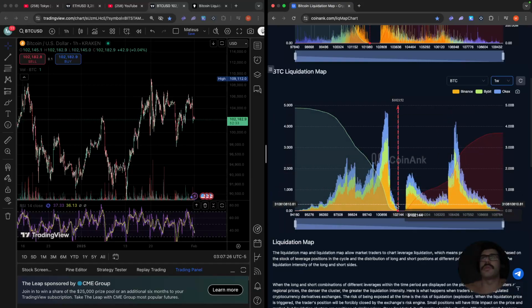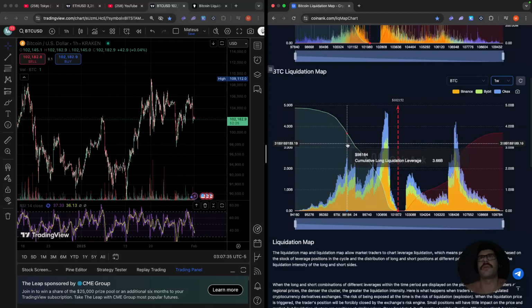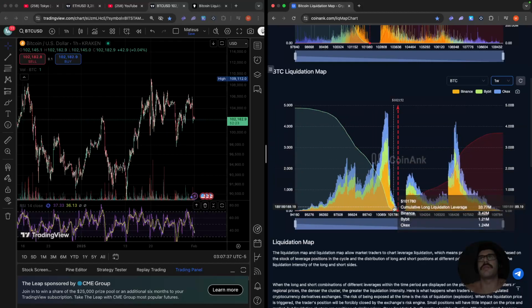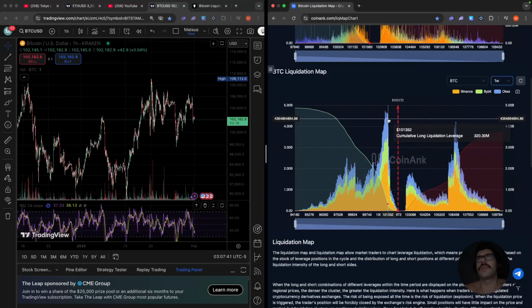However, if we go further, we have a lot of long people who can get liquidated. So you see this huge barrier here? A lot of people are gonna get liquidated here. And the price is like 101.35, I would say.